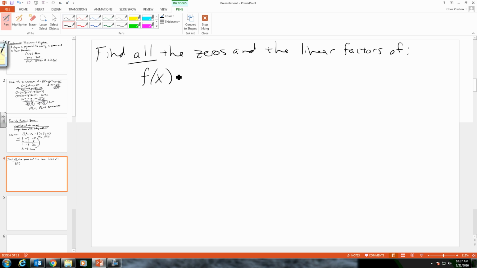F of x equals 2x to the fourth minus 4x to the third minus 7x squared plus 9x minus 18. So I'm thinking, okay, I want to find the zeros. I'm going to set this equal to 0 and try to work it out.